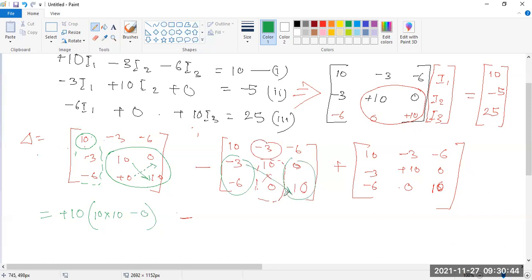So this is minus 3, sorry, this is minus 3, not 10, minus 3 into 10. So again minus 3 multiplied by 10 minus minus 6 into 0.